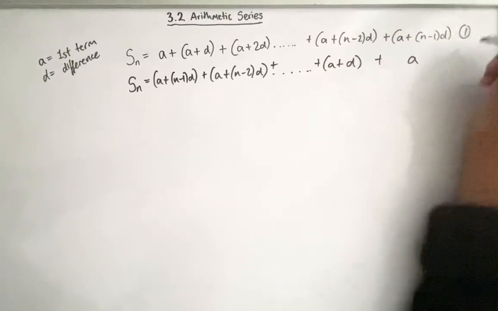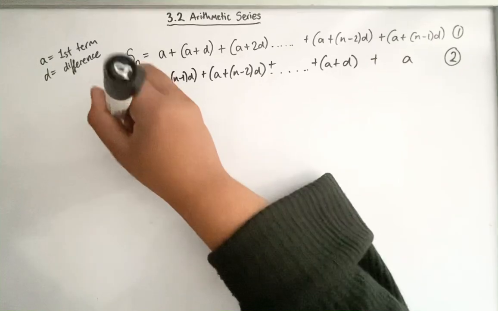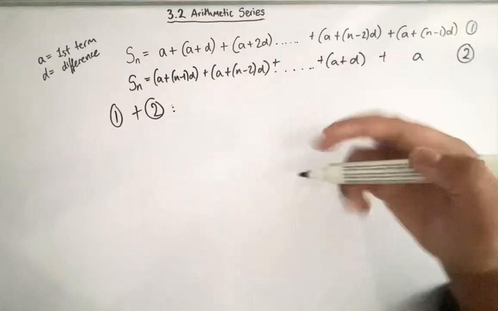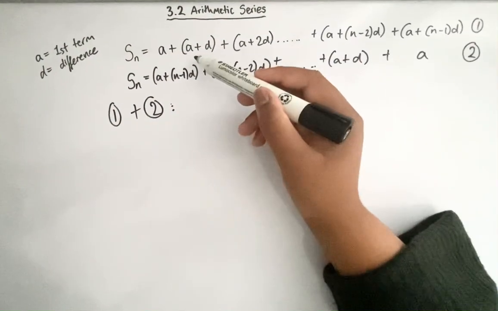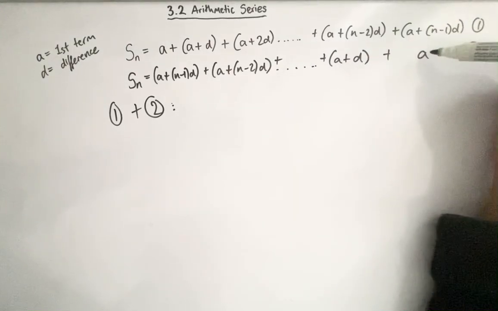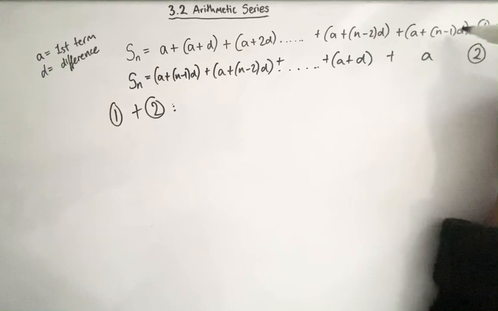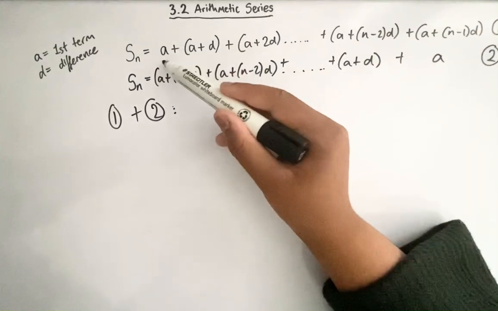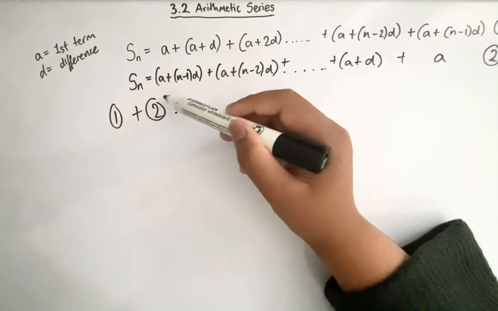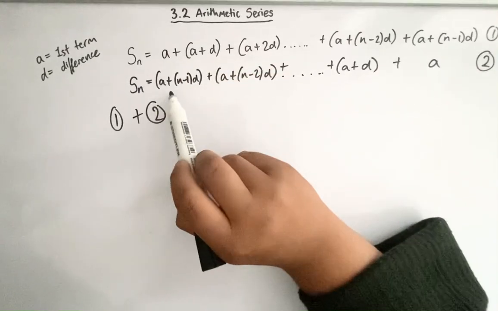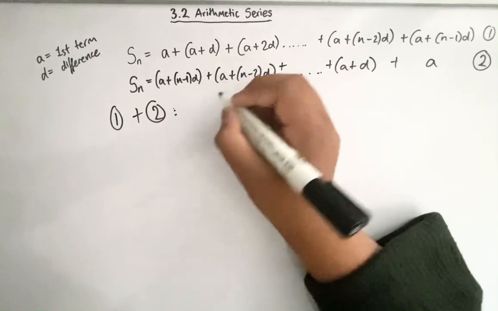If we call this 1 and this 2, and then we add 1 and 2 using standard column addition, if we add a plus (n minus 1)d to a, we get 2a plus (n minus 1)d. If we add a plus d to a plus (n minus 2)d, we get the same thing.